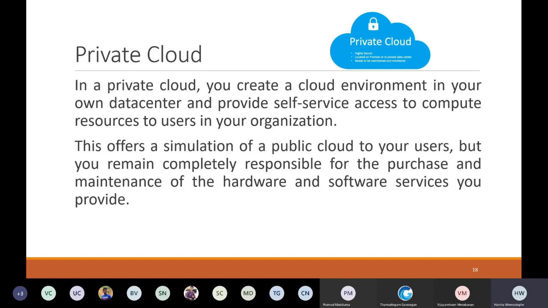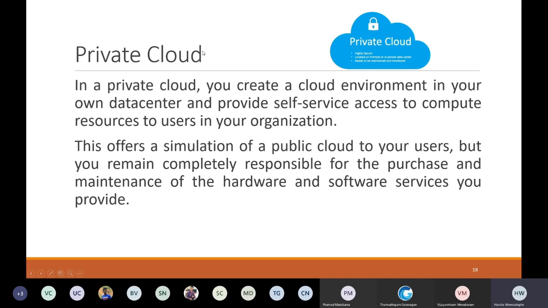It offers a simulation of a public cloud to users, but you remain completely responsible for the purchase and maintenance of the hardware. You are not going to take anything from public vendors; you have your own hardware, your own software, your own operating system. However, external users feel like they are connecting to a public cloud because they connect through the internet. So that's the idea of a private cloud.